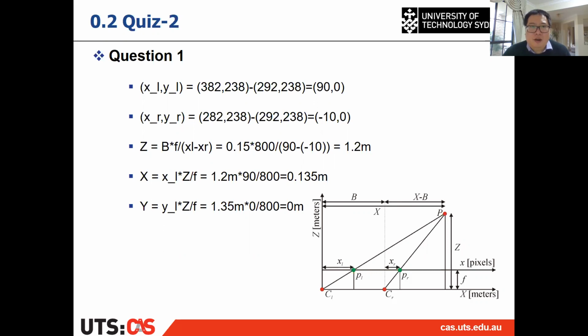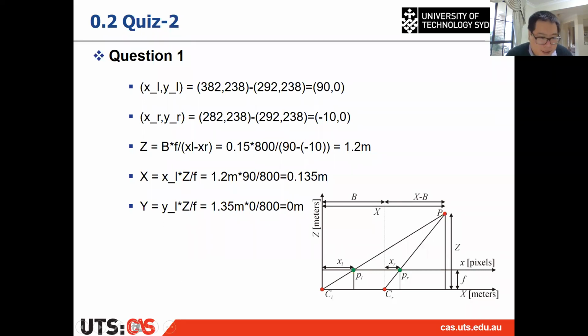All right, so in quiz 2, there are 2 questions. The first question is about triangulation for the stereo camera. I found some issues.